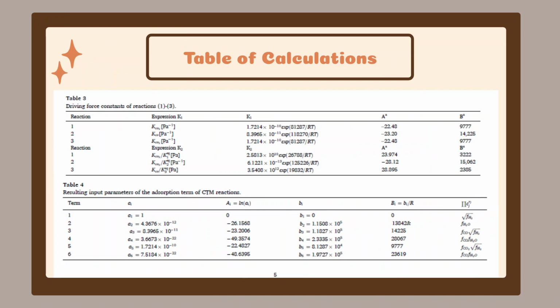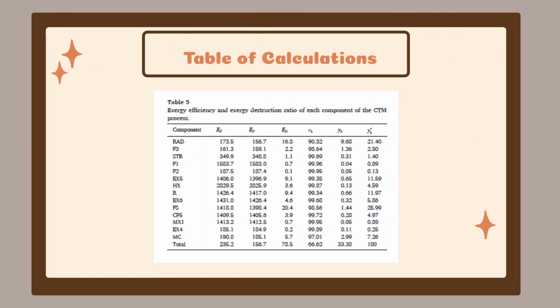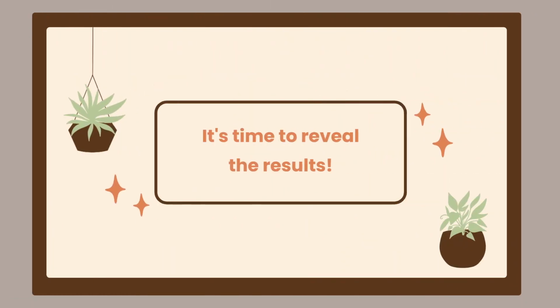Then here we can see the driving force constants of reactions 1, 2, and 3, and the resulting input parameters of the absorption terms of CTM reactions. And lastly, we can see the exergy efficiency and the exergy destruction ratio of each component of the CTM process.